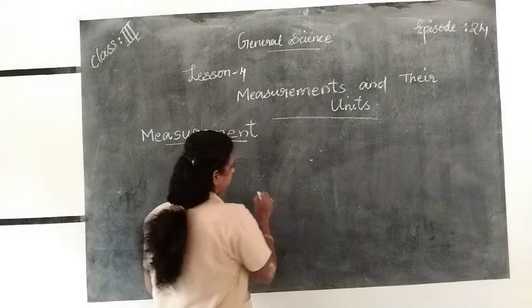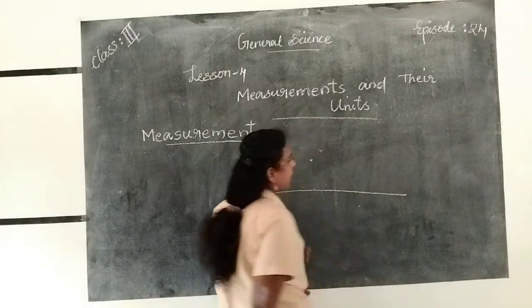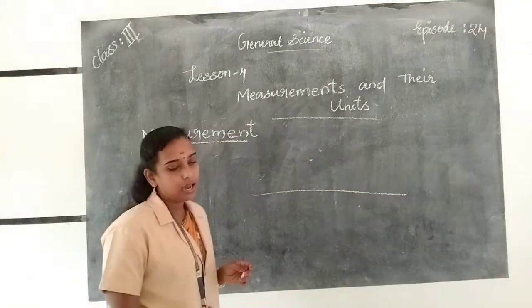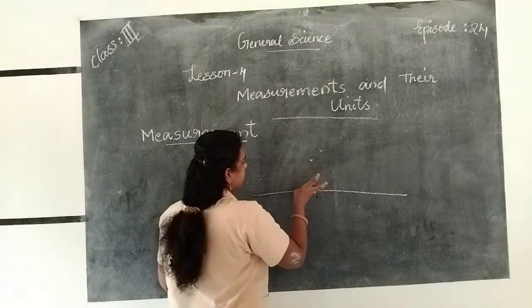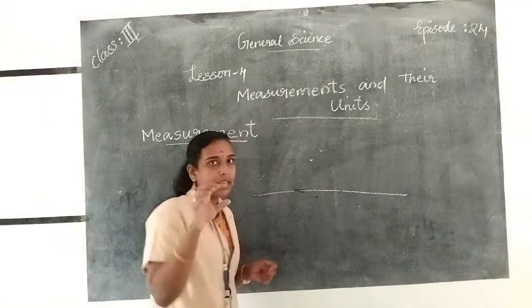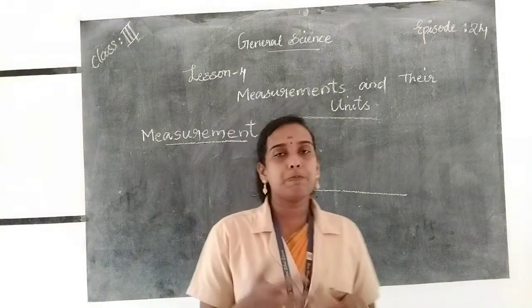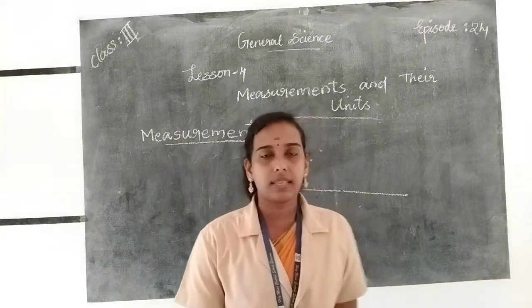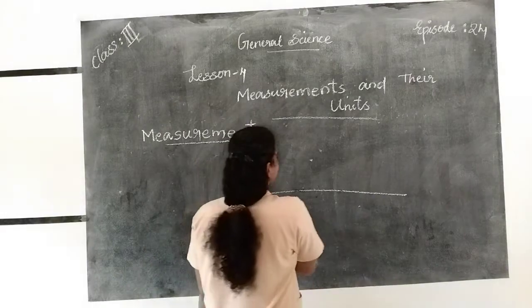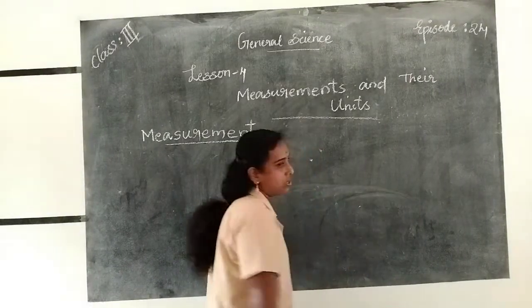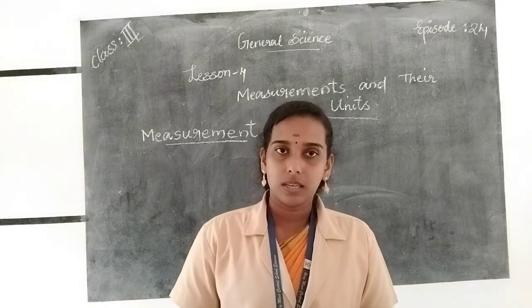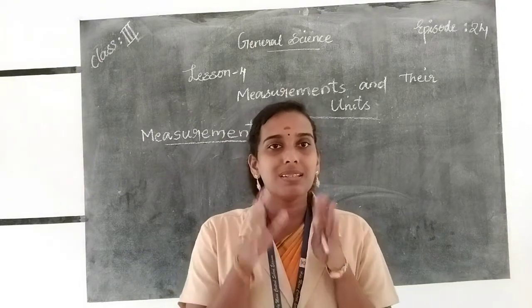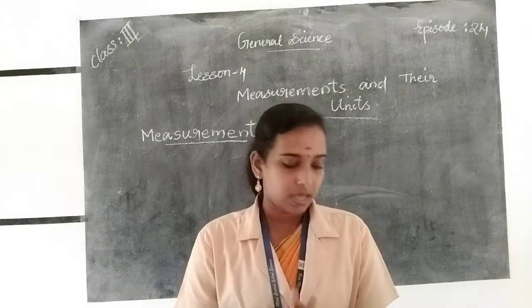If they wanted to measure the length of a line, they used their hand span like that: 1, 2, like that. They used their hand spans and foot spans to measure the length of things. Okay. But now we have rulers and other types of instruments that help us to measure the length of things.